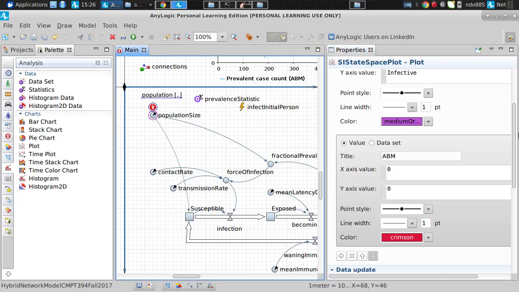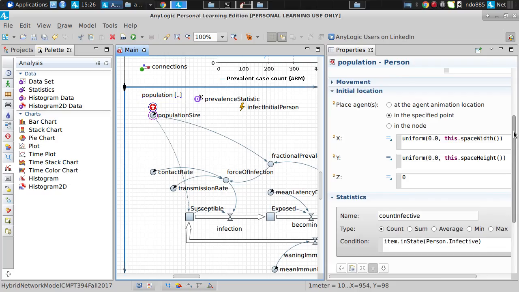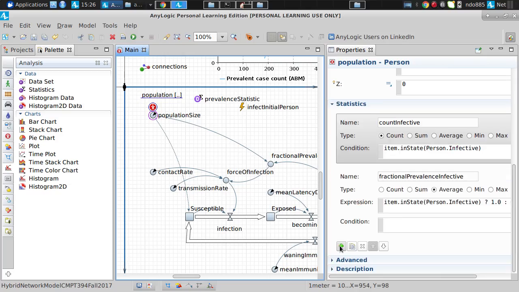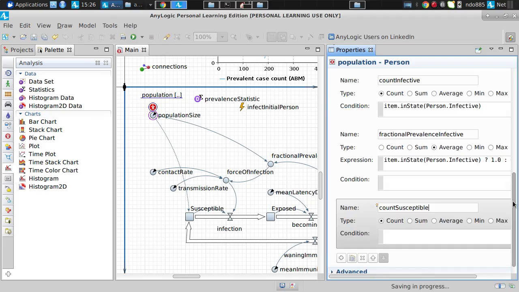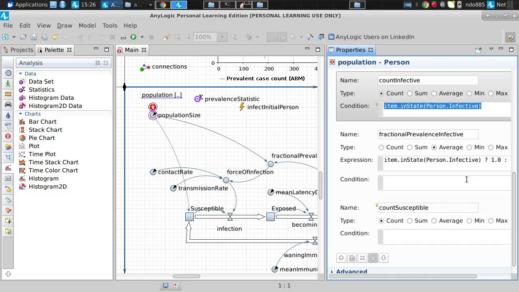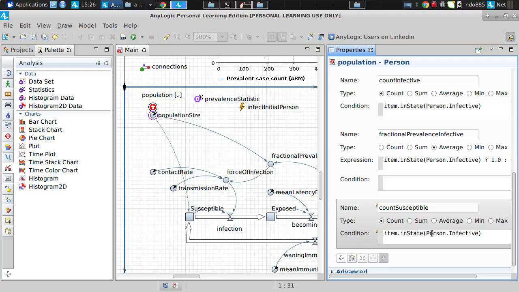We have over here in population a count infective. What do we still need? A count what? Count susceptible, over here in population. It's going to be very similar to this. I wish there were a way to abstract it, but alas, we're dealing with the tyranny of AnyLogic, so we don't have that option.